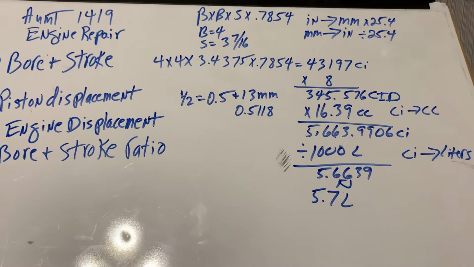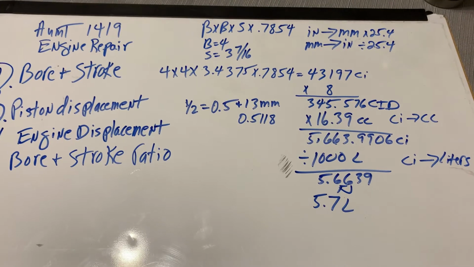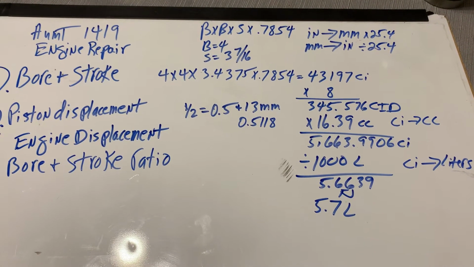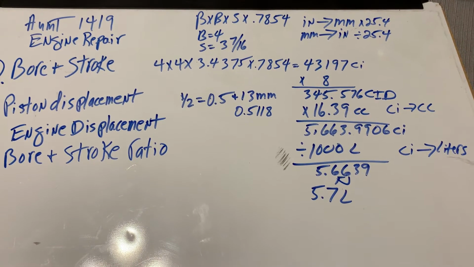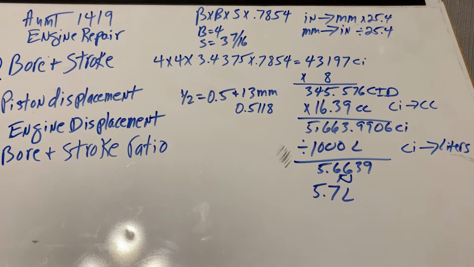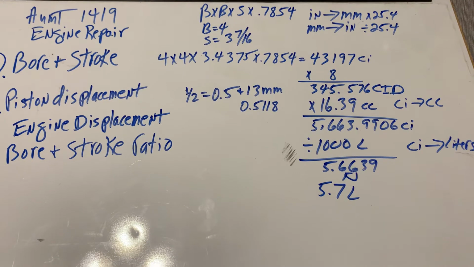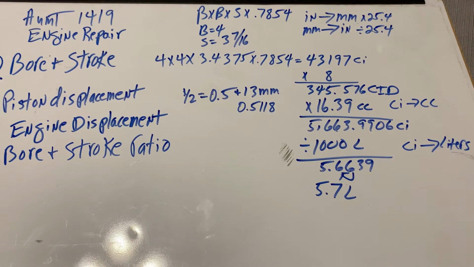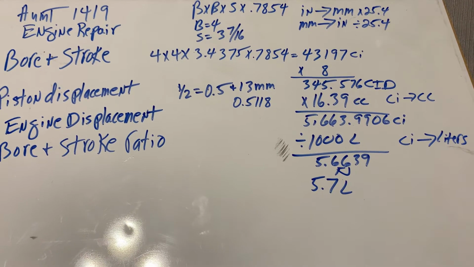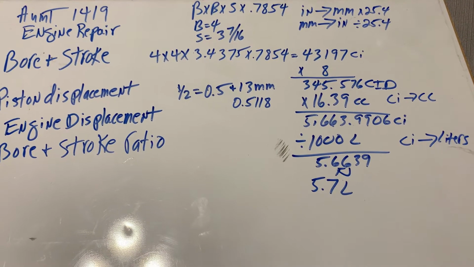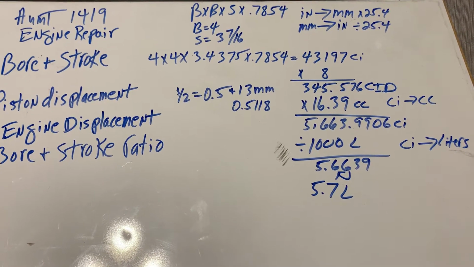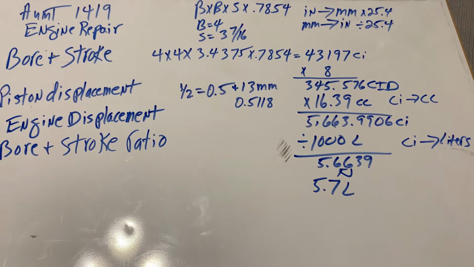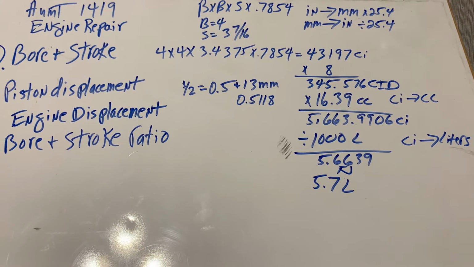Okay, because we have to have it in cubic centimeters. Multiplying times 16.39 is going to convert that to cubic centimeters, which is 5,663.9906. And then we're going to take that number and divide it by 1,000, which is the conversion number for converting cubic centimeters into liters.